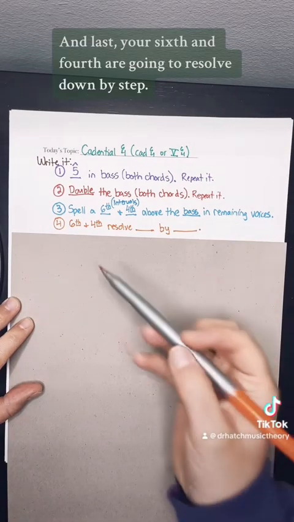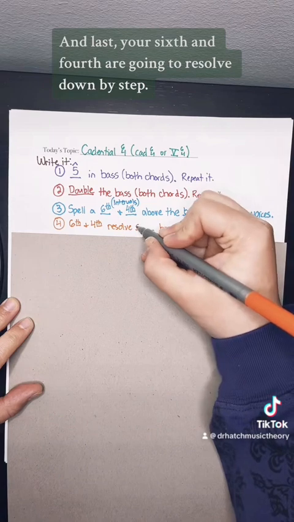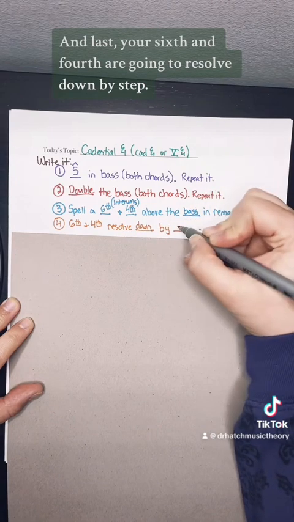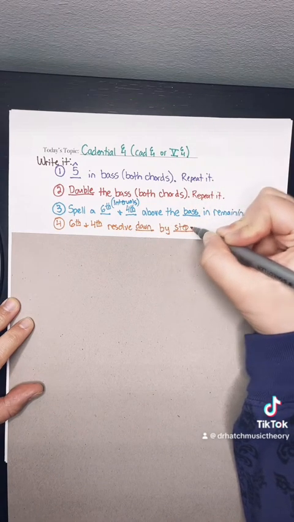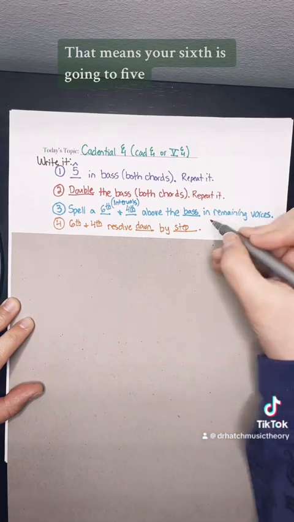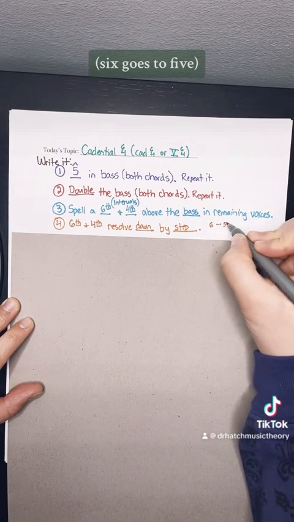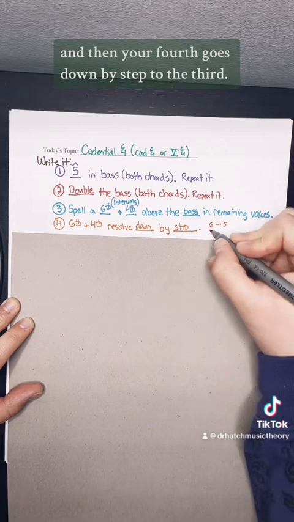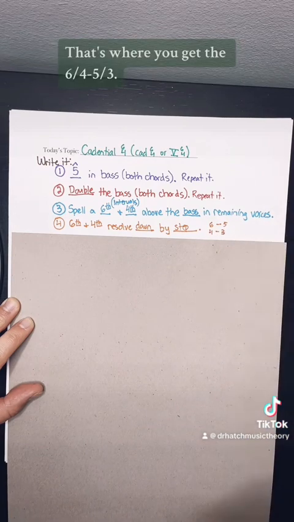And last, your 6th and 4th are going to resolve down by step. That means your 6th is going to 5, 6 goes to 5, and then your 4th goes down by a step to the 3rd. That's where you get the 6/4/5/3.